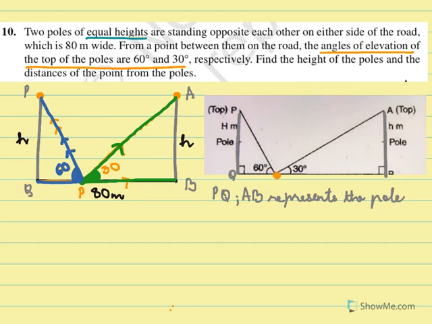This point here, say R, is the point of observation. And then they talk about the road, and the road here is QB, or BQ, represents the road.